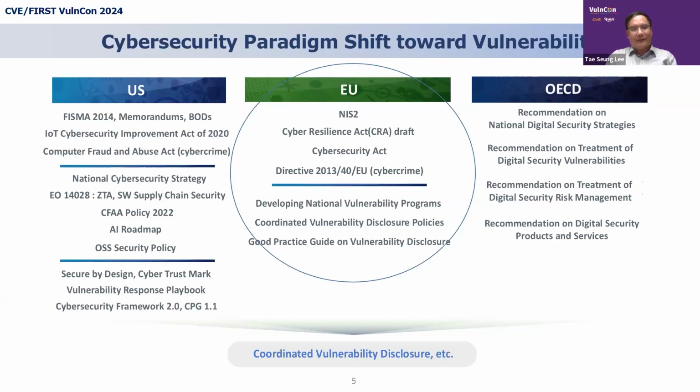Article 11 of CRA requires digital product manufacturers to report vulnerability to CSIRT within 24 hours after becoming aware of actively exploited vulnerability. Also, the CRA requires digital product manufacturers to comply with the vulnerability requirements.